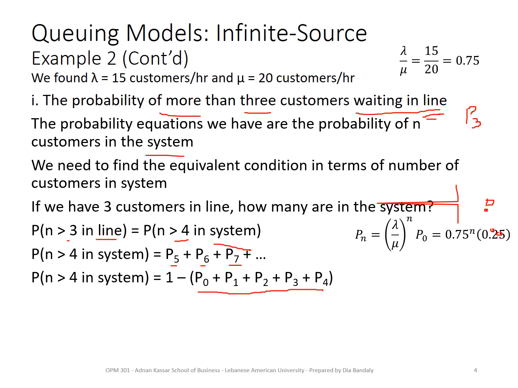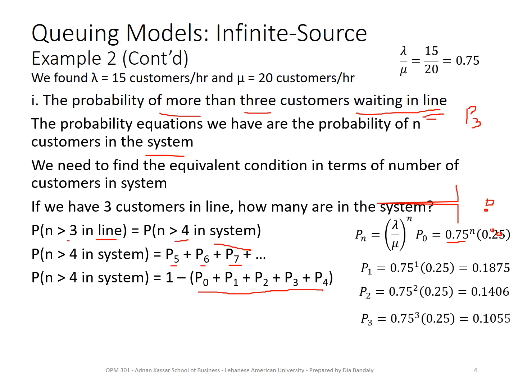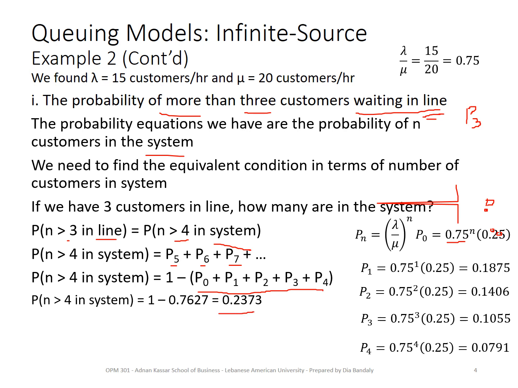So it's equal to, the ratio is already established, 0.75 to the power n times 0.25, which is P0. So P1, I just replace n with 1, I will get this. P2, I will get that. P3, and P4. Now I plug these values in the probability statement, and here we go. This is our final answer. So we have 23.73% probability that we'll see more than 4 people in the system.